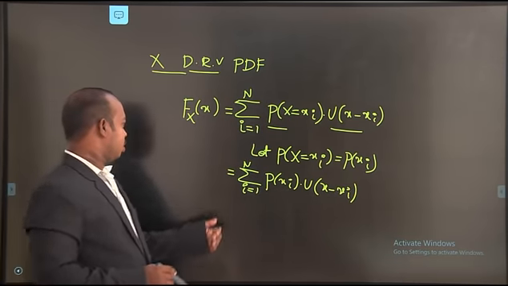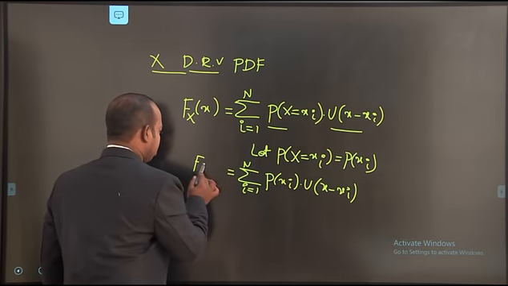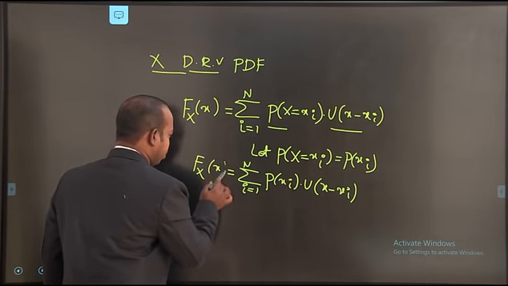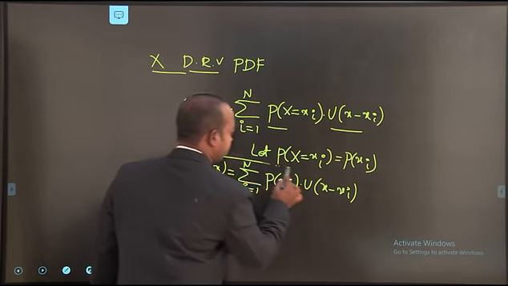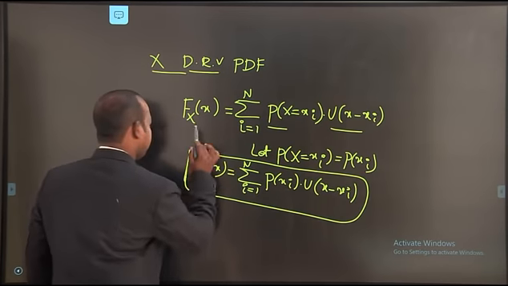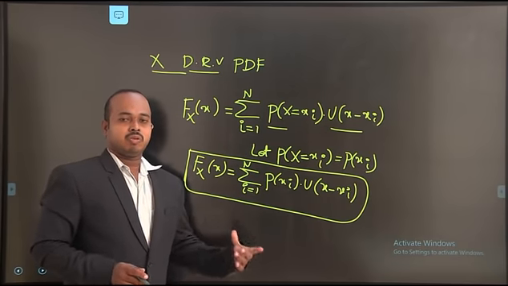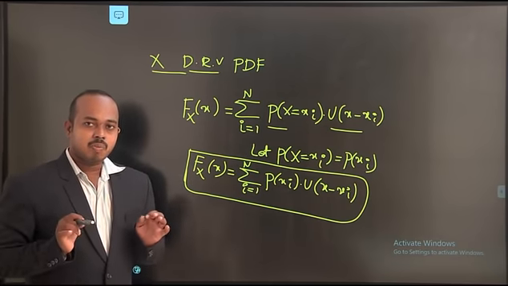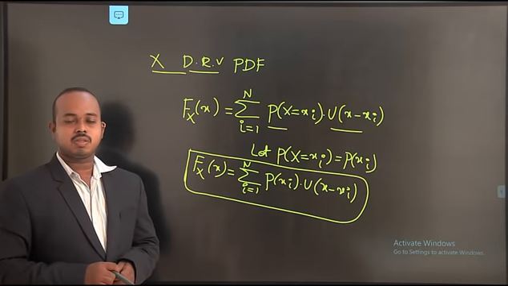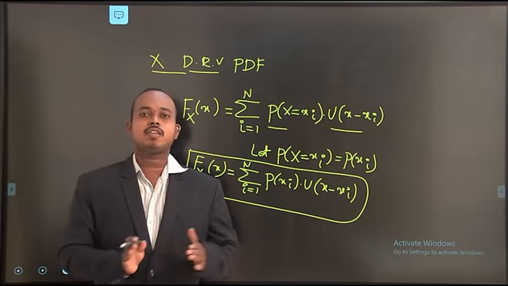This is the fundamental representation when the random variable is a discrete random variable. This is a formula. By using this formula, we simplify a number of problems based on the discrete random variable.